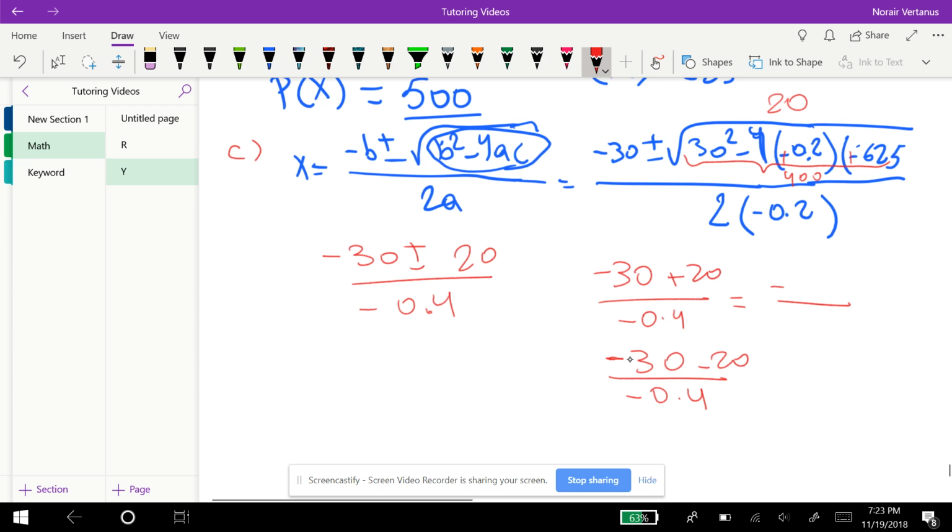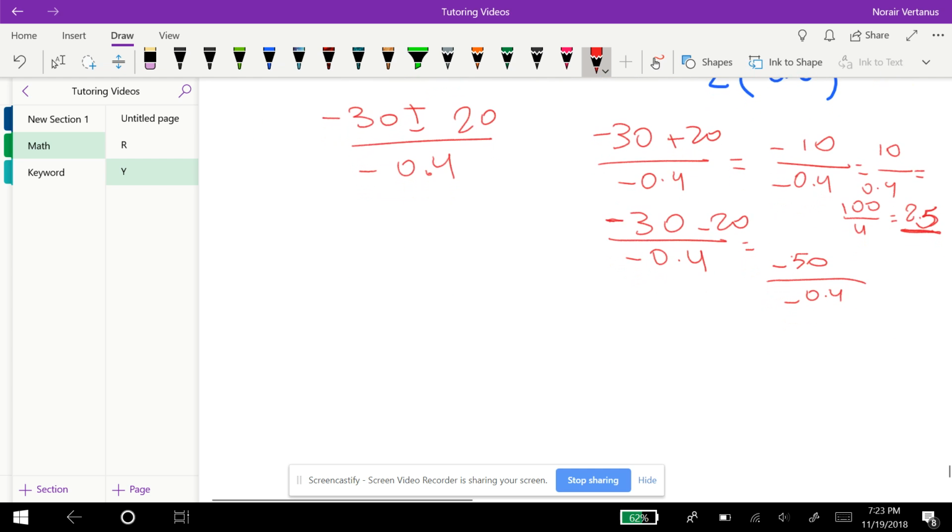The answer for the first is negative 10 over negative 0.4, which is 10 over 0.4. I'm going to multiply by 10 to get rid of the decimal. That's going to be 100 over 4, which is 25. So 25 is one of the x-intercepts. For the second one, negative 50 over negative 0.4, I'll continue like this.